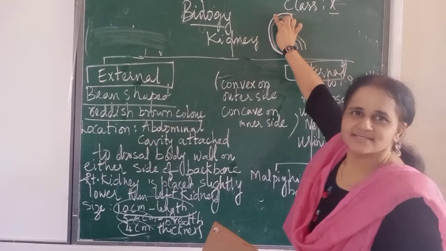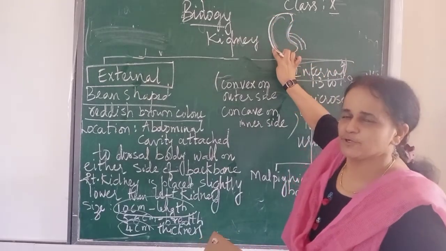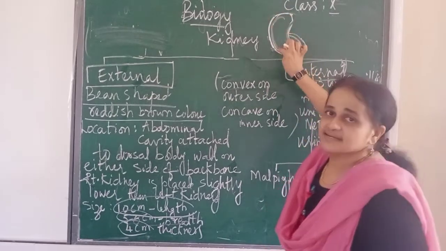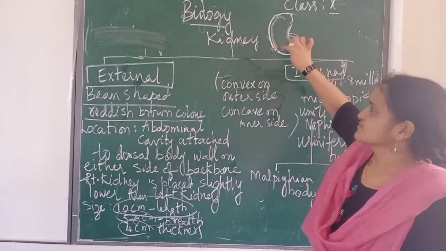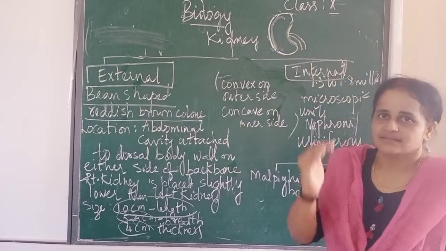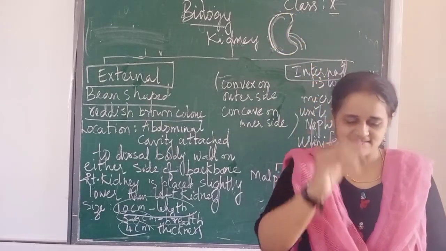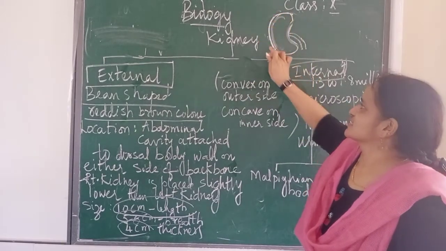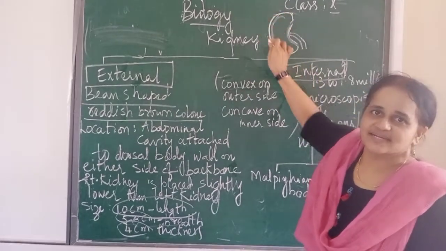When you look at this outer side, do you remember anything from physics? Look at this outer side. Which type of lens is it? This shape lens. Convex. So this is convex. Outer side is convex.